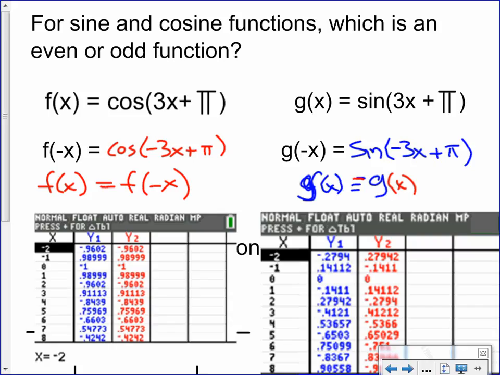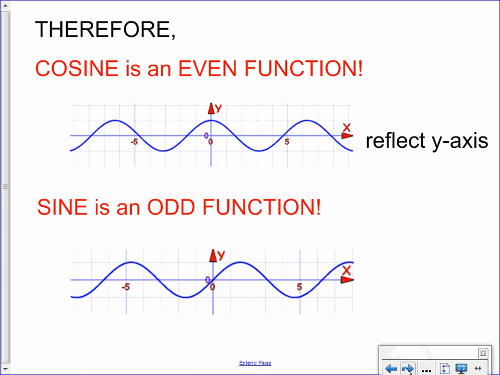All right. So, lesson of the day, cosine is even, sine is odd. You don't have to draw the picture, but cosine is even, notice the reflection on the y-axis, and sine would be an odd function. So the cosine of x is the same thing as the cosine of negative x.